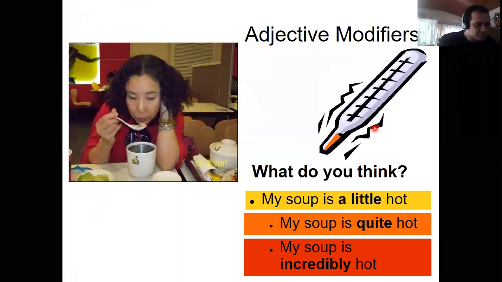Tal vez demasiado. Demasiado, okay, maybe. ¿Alguien más? Okay, incredible. Yo tengo aquí. Increíble, sensacional.